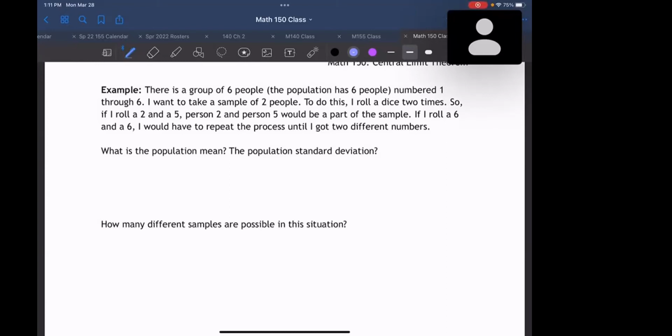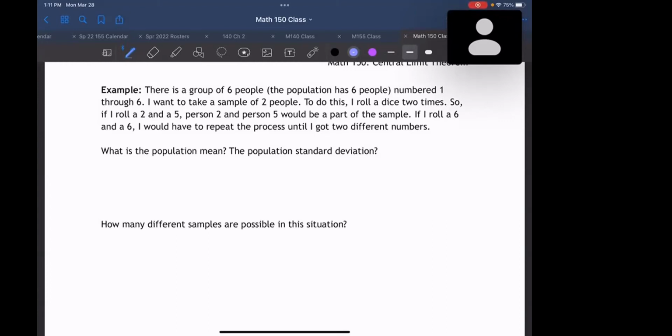I want to take a sample of 2 people, just like I did in my last session. In order to do that, I decided to roll a dice 2 times. So if I rolled a 2 and then a 5, then I'd pick person 2 and 5. A bad example would be rolling a 6 and then a 6. That can't happen because I want a sample of 2 people. So I would have to just roll again until I get 2 different numbers.